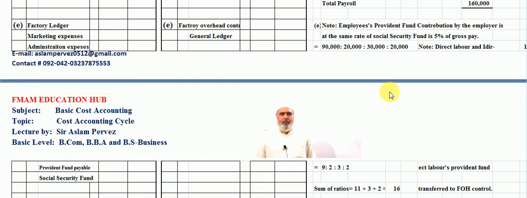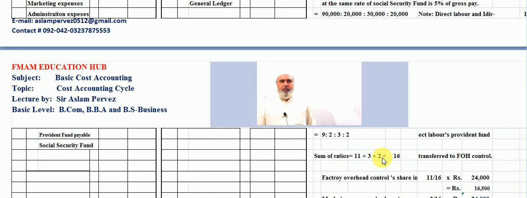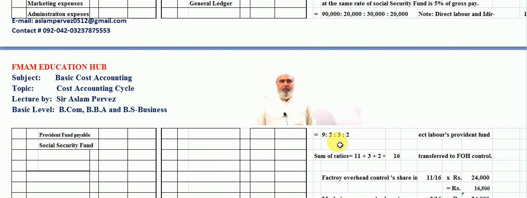The simplified ratio is 9:2:3:2. Now we sum up the direct and indirect ratio in single form, like 11 plus 3 plus 2. The sum is 16.